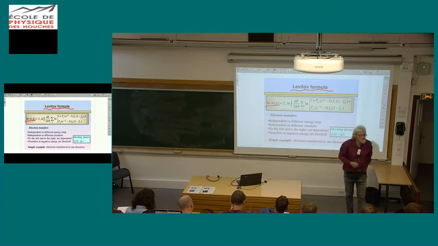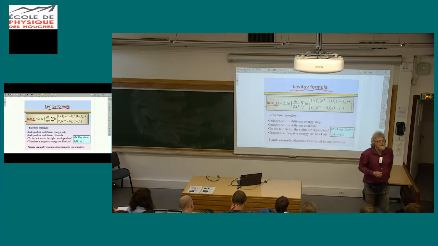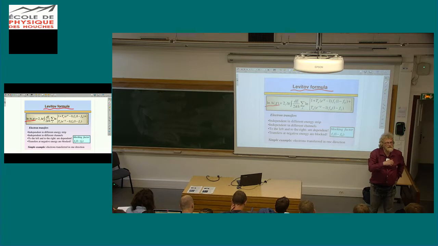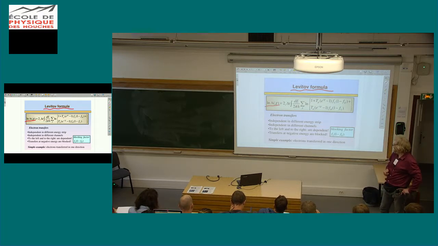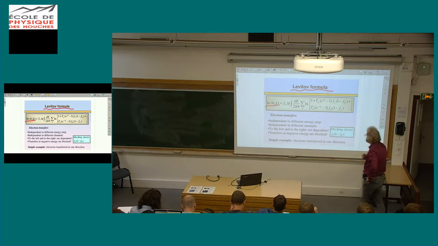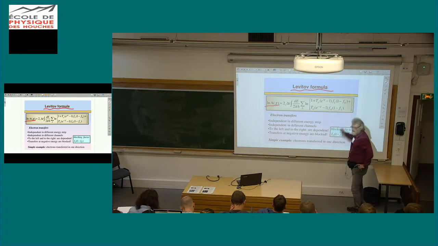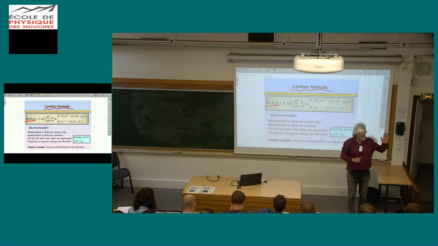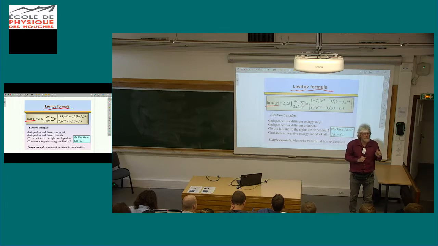In fact, one cannot say that electron transfers from the left and from the right are independent. They are dependent. This dependence can be presented rather simply in terms of blocking factors. What I see here in this formula is the combination of the filling factor on the left and 1 minus the filling factor on the right. What does it mean for fermions? Electrons are fermions.